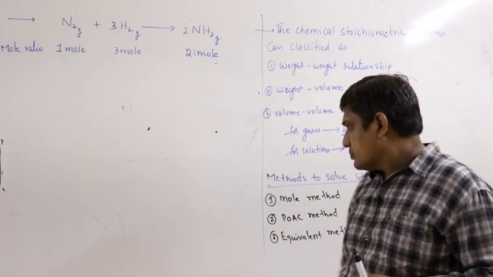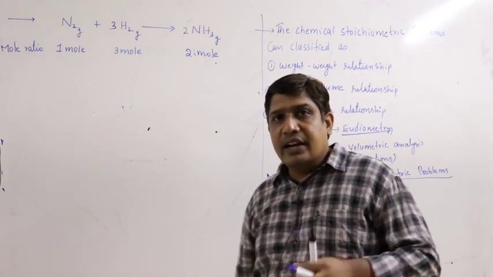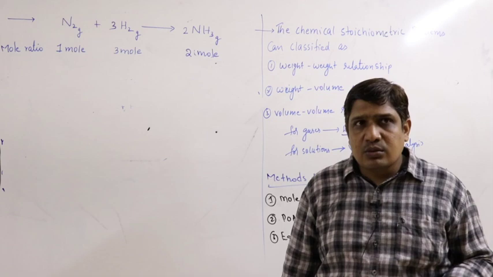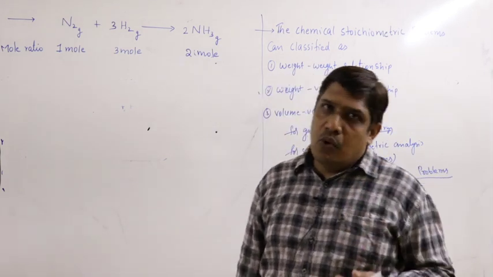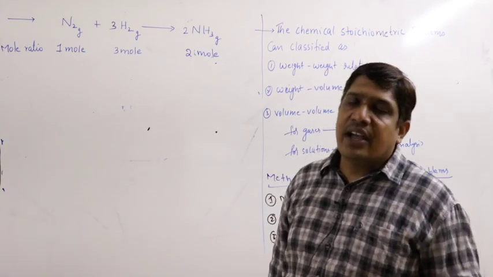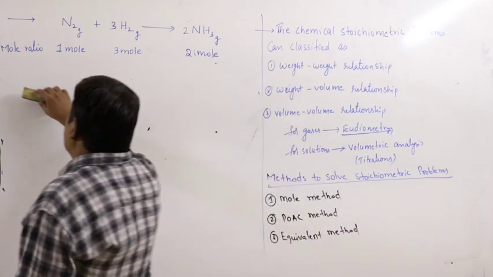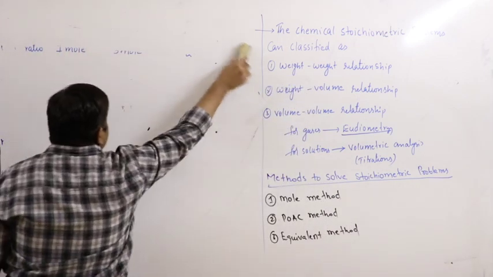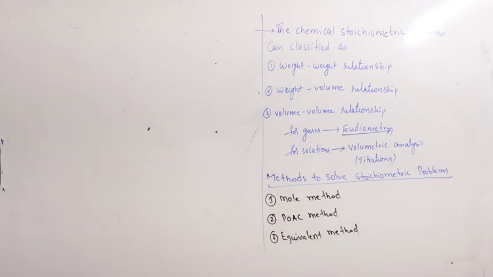So first write the balanced chemical equation, then write the mole ratio. What is this mole ratio? The stoichiometric coefficient itself represents the mole ratio. Using the unitary method, you can find the required quantity of the substance. So these are the 3 steps involved in the mole method.